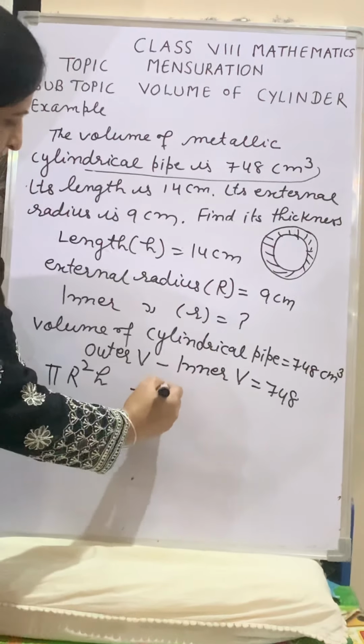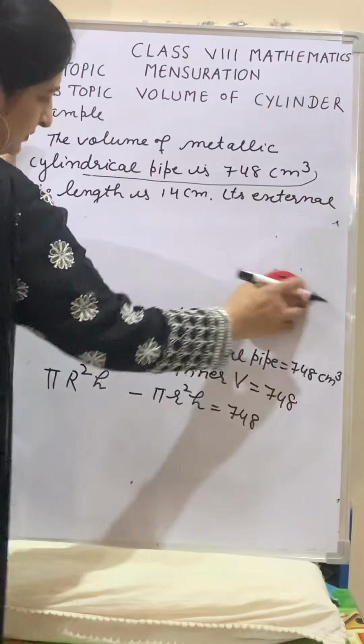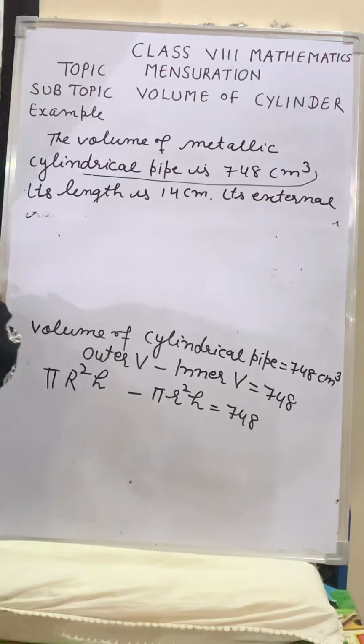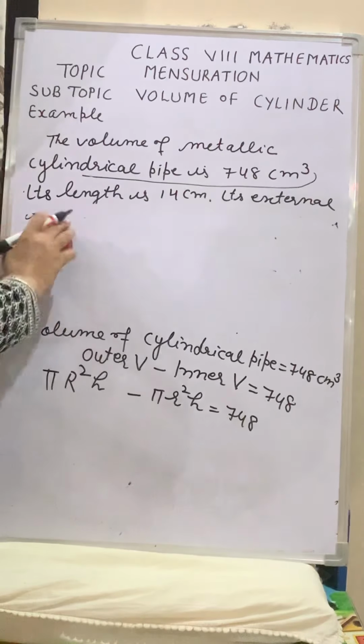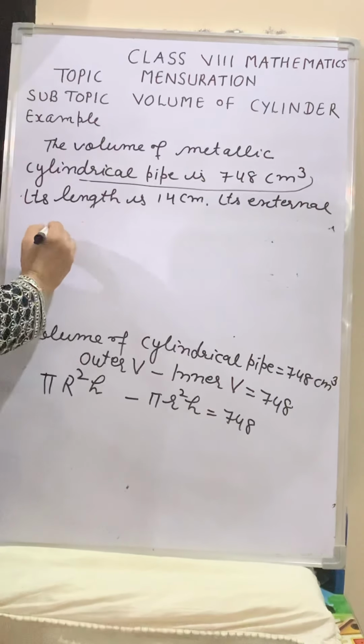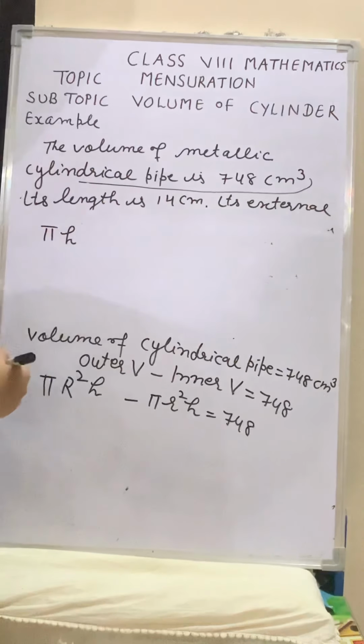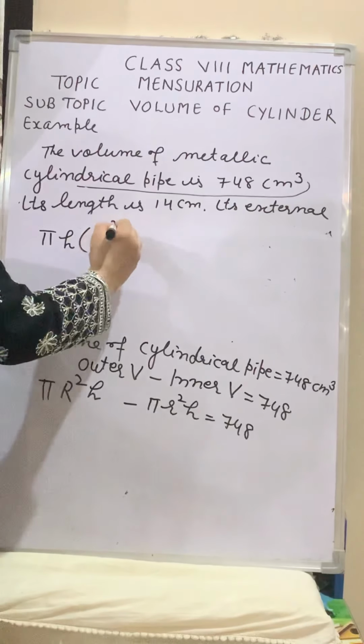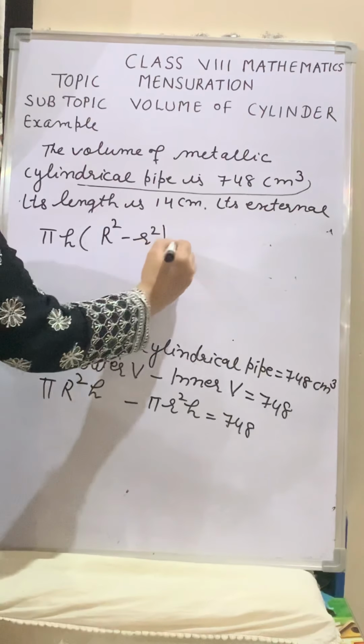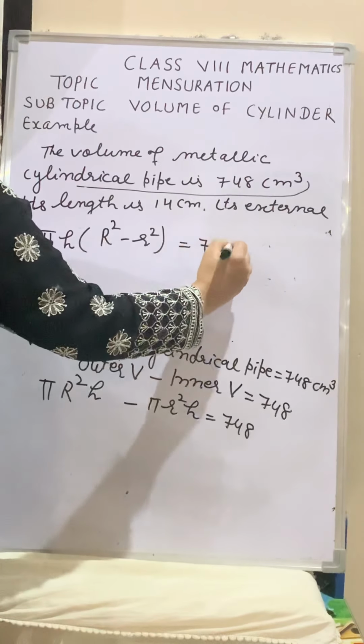Now with the help of this equation we will find r. We can take pi h as common. Capital R square minus small r square is 748.